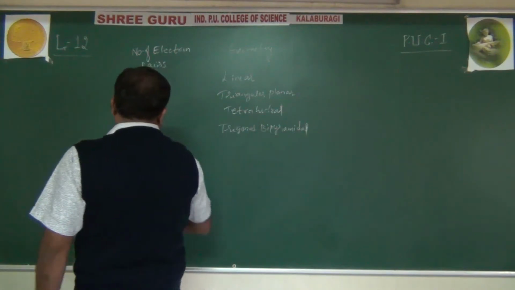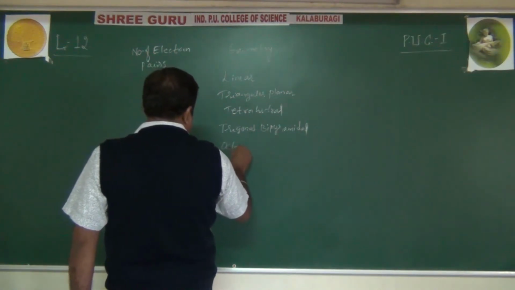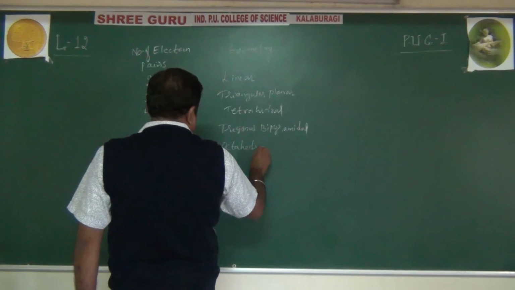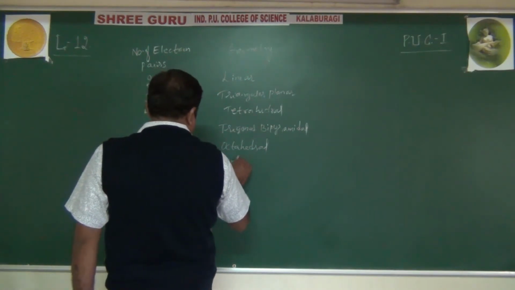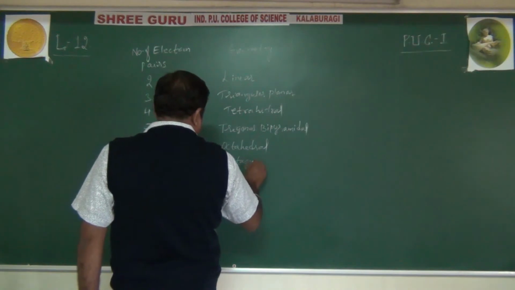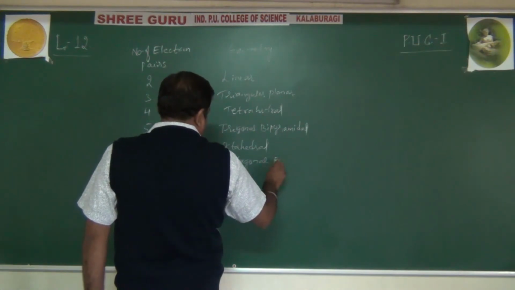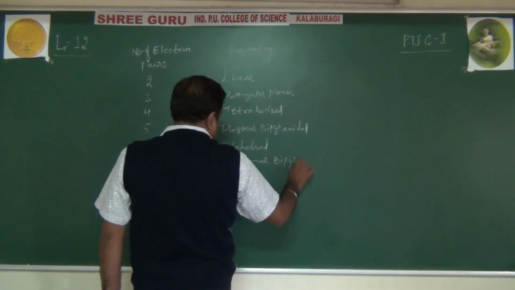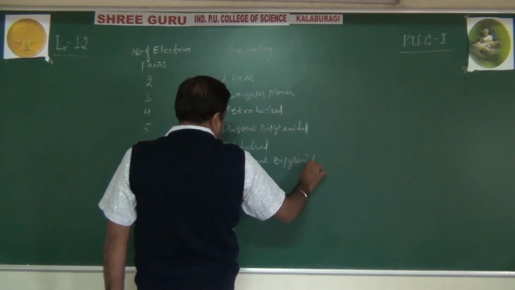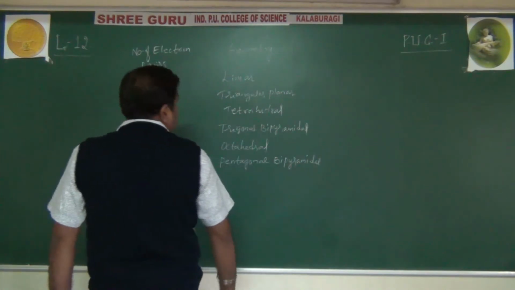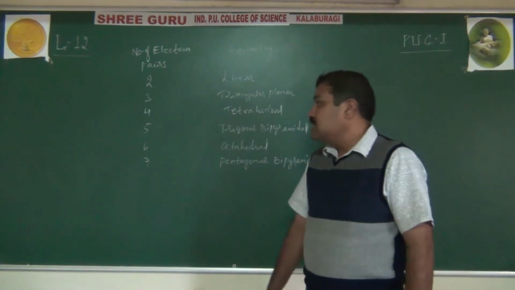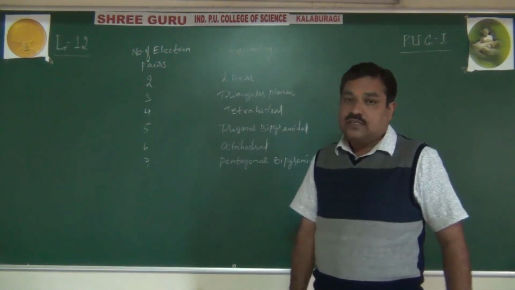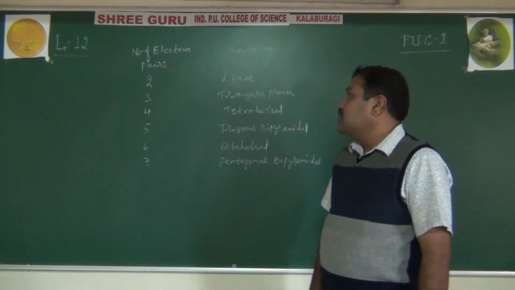And if it is 6, octahedral. If it is 7, pentagonal bipyramidal. These are the definite geometries I told you in yesterday's postulates. Please try to remember this.